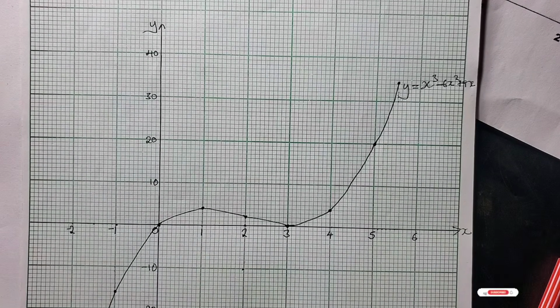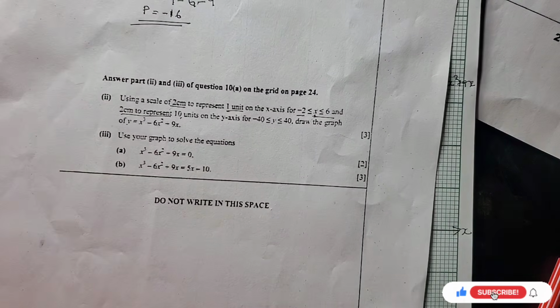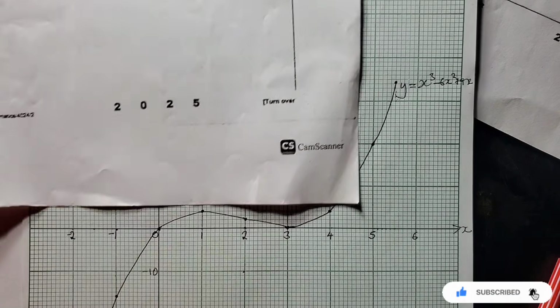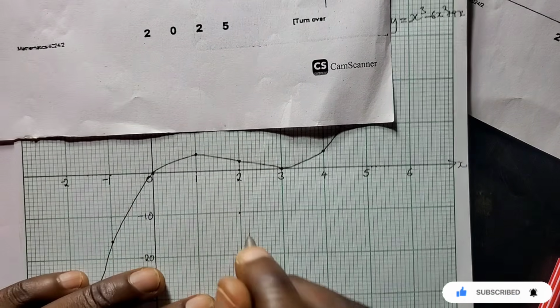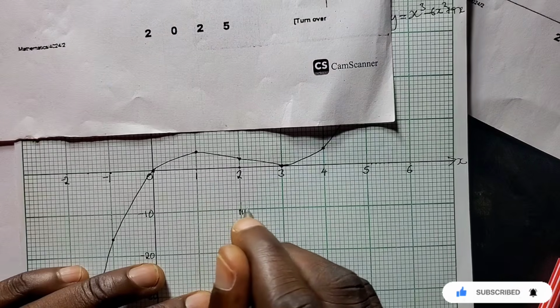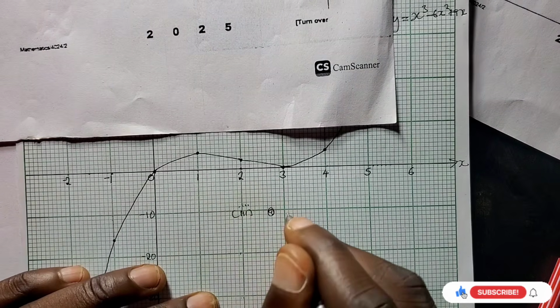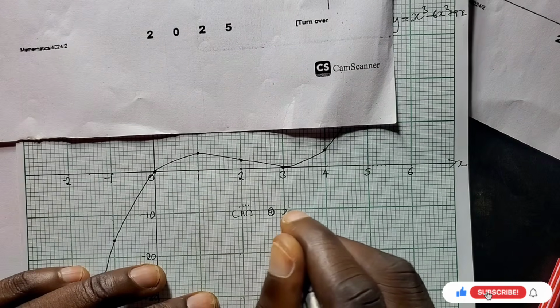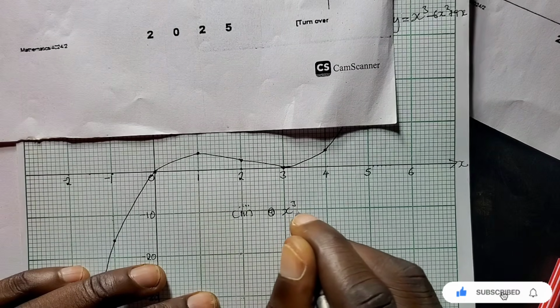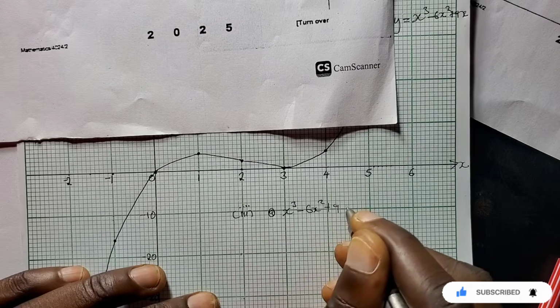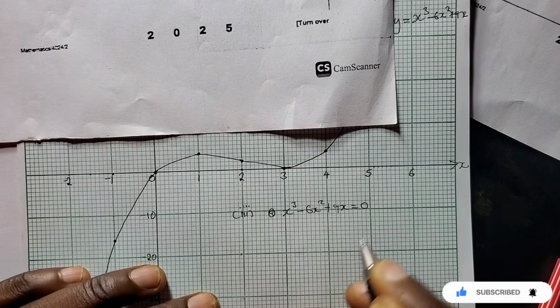So then part 3: use your graph to solve. Let me just use this middle part here, equation 3, and here you have a and b. Use your graph to solve x to the power 3 minus 6x squared plus 9x equals 0.